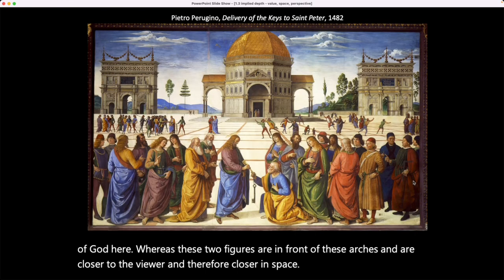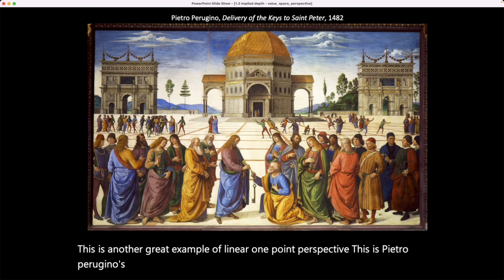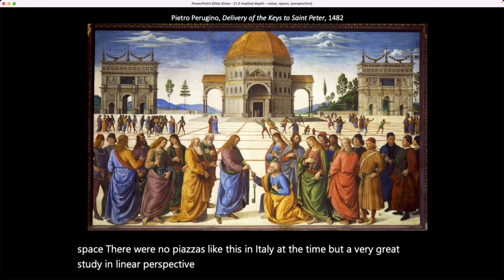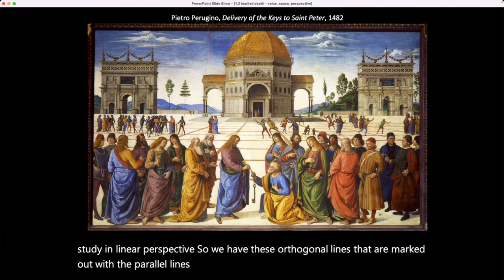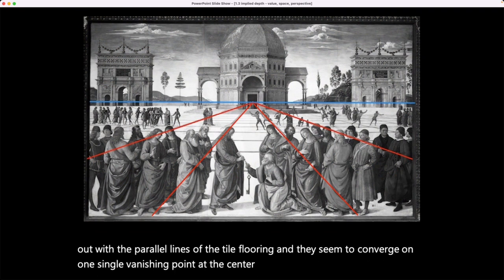This is another great example of linear 1 point perspective. This is Pietro Perugino's delivery of the keys to St. Peter from 1481. Now, this is a fictive space. There were no piazzas like this in Italy at the time, but a very great study in linear perspective. So we have these orthogonal lines that are marked out with the parallel lines of the tile flooring, and they seem to converge on one single vanishing point at the center of the temple there.